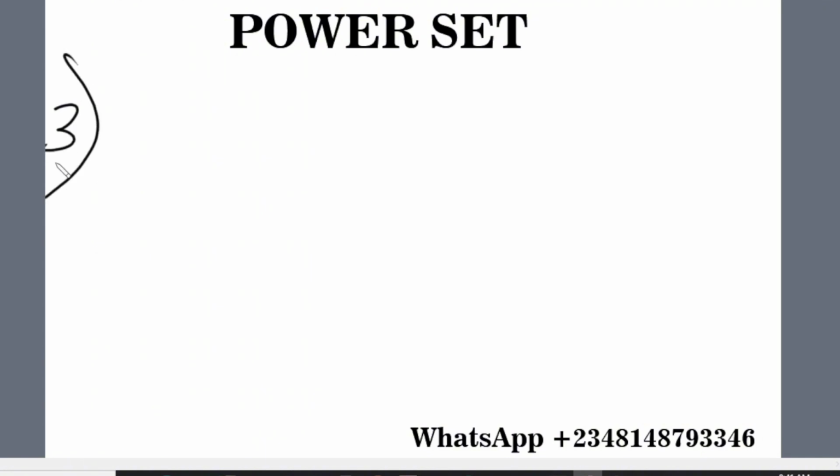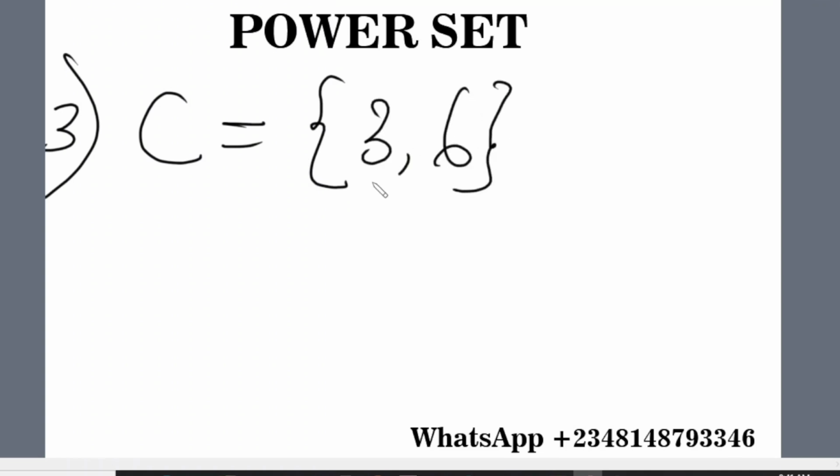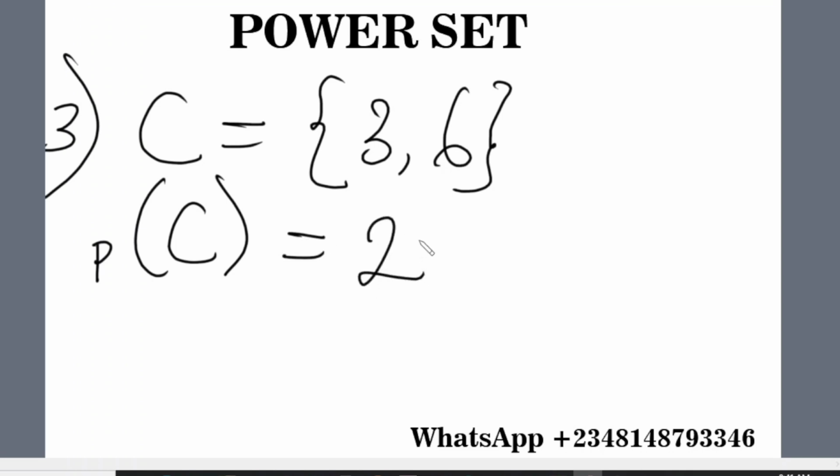Let's take the third example. C equals 3, 6, close bracket, and we're asked to find the power set. So we have P(C) equals 2 raised to power n.